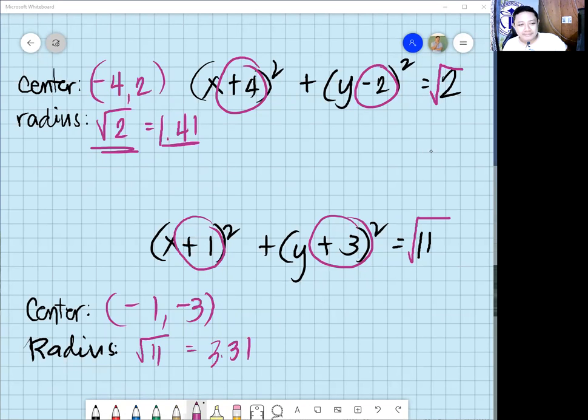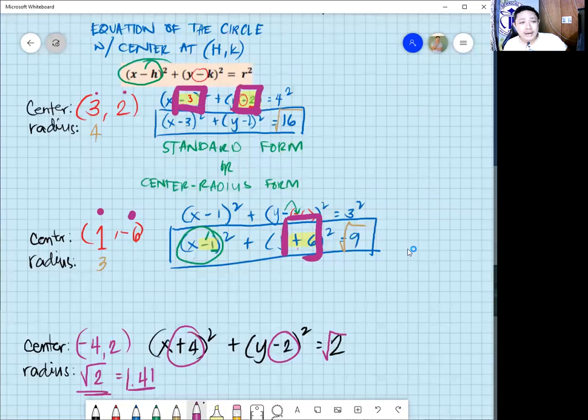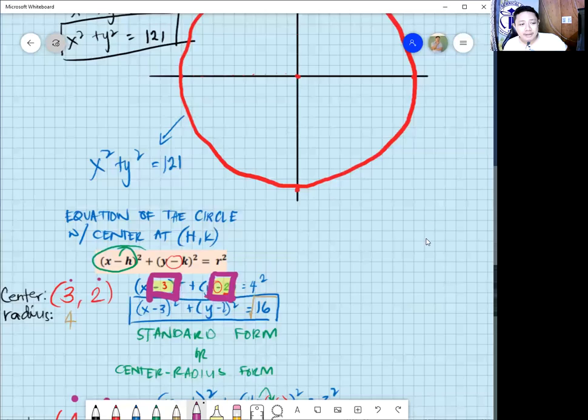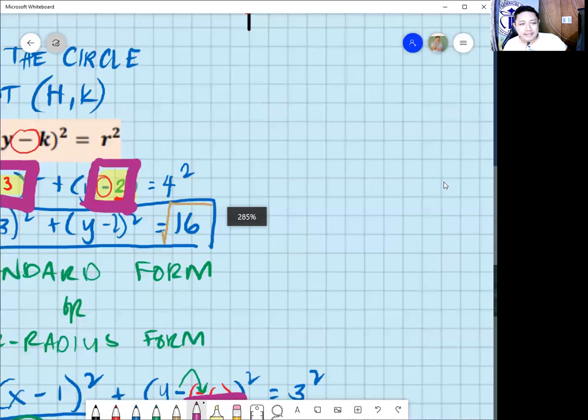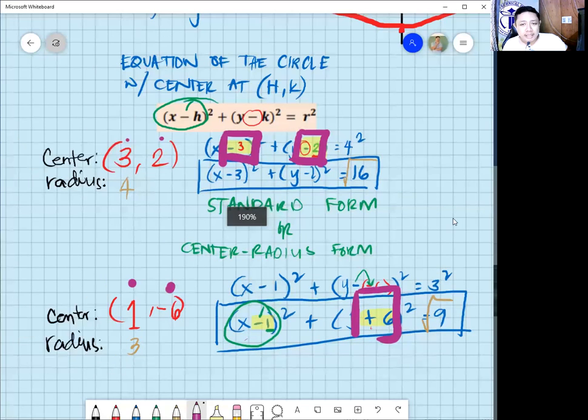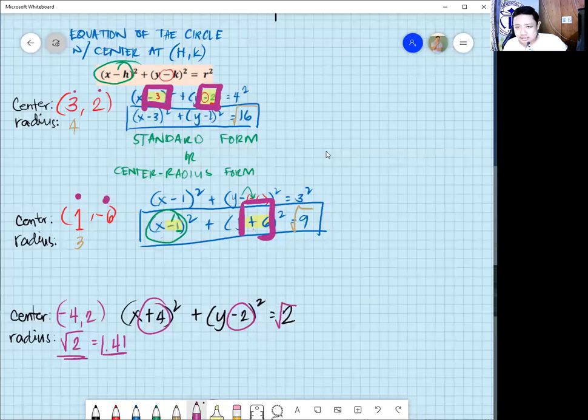A while ago, I already showed you how to graph. Okay, marunong na kayo mag-graph. What about this? This is just a try, just to show you. If you have your compass, you know what's a compass?